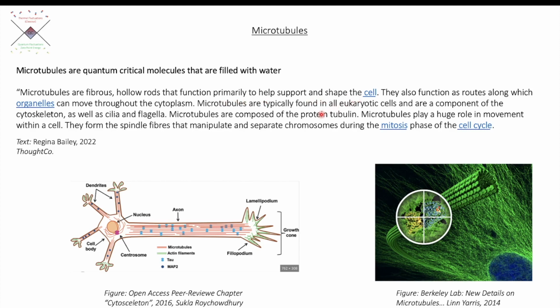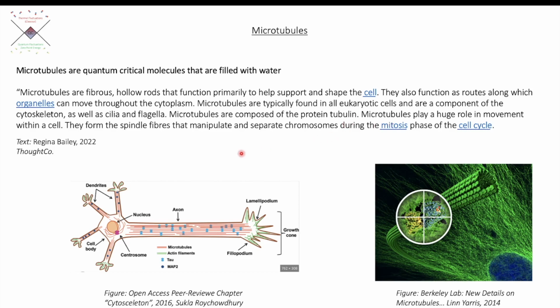They also function as routes along which organelles can move throughout the cytoplasm. Microtubules are typically found in all eukaryotic cells and are a component of the cytoskeleton as well as cilia and flagella. Microtubules are composed of the protein tubulin.